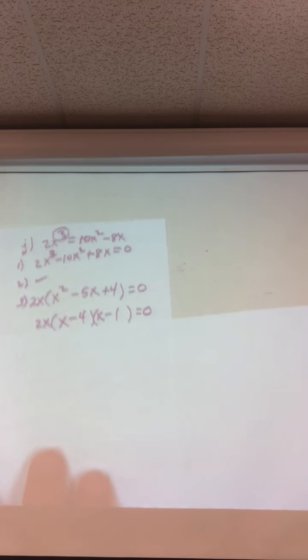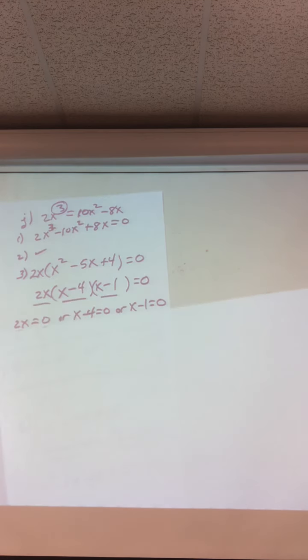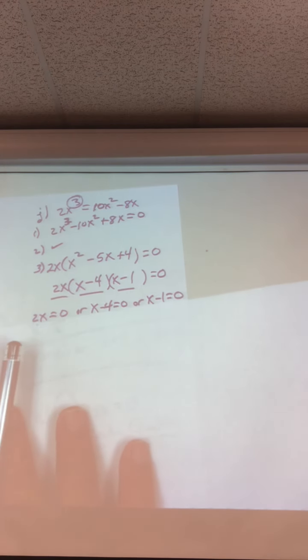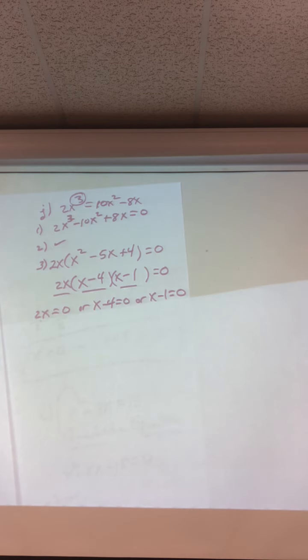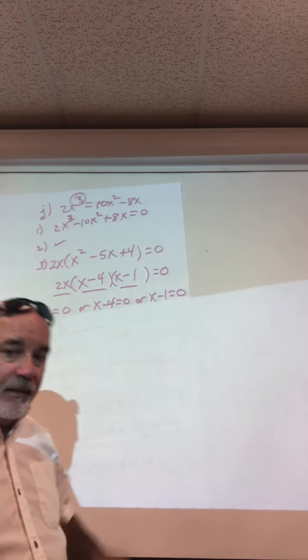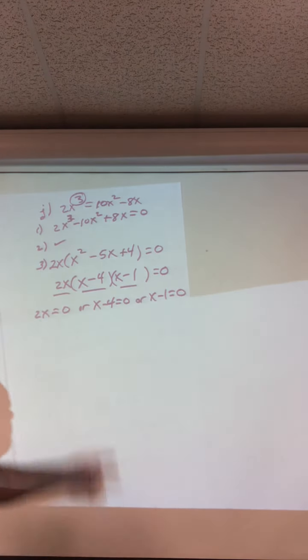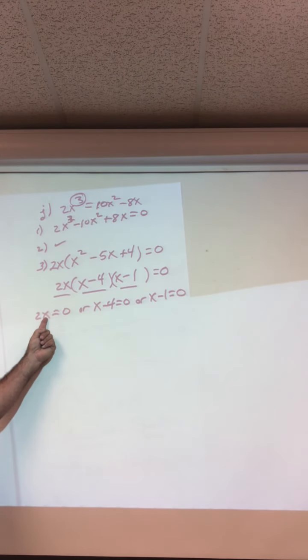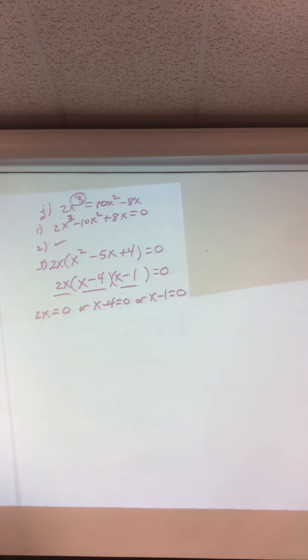Now set all 3 of these factors equal to 0. Because now all of these have an x in it, I'm going to get 3 answers. So, how do I get the x by itself here? Divide by the coefficient. So divide both sides by 2 there.